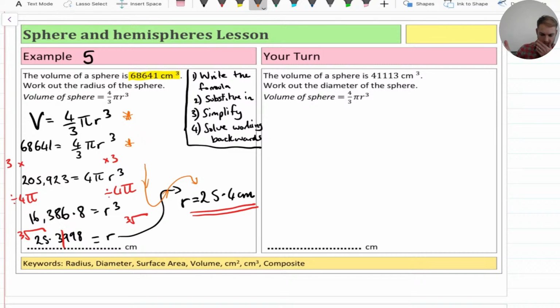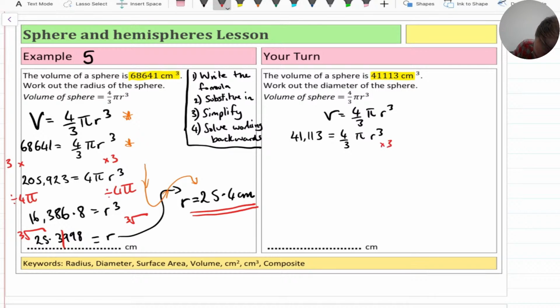Let's have a go at this one then. So exactly the same thing. We write down the formula first, which is volume is equal to 4 over 3 pi r cubed. We write down what our volume is, which in this case is equal to this 41,000. So 41,113 is equal to 4 over 3 pi r cubed.